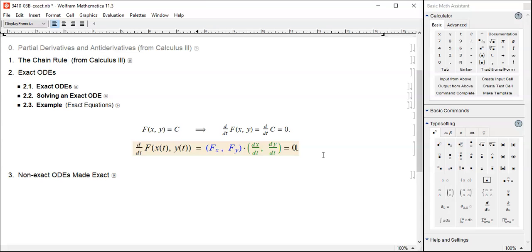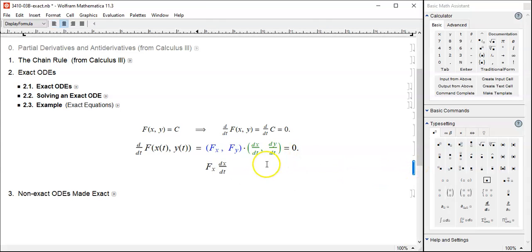Scalar product. Okay, let's calculate the scalar product, all right? F sub x times dx dt, and I want a bigger font, plus f sub y dy dt is equal to 0.